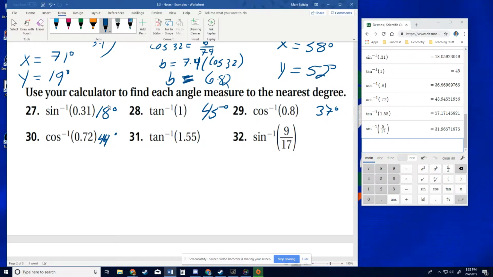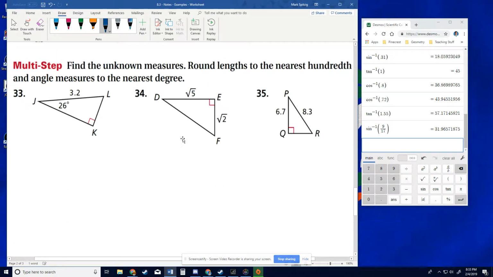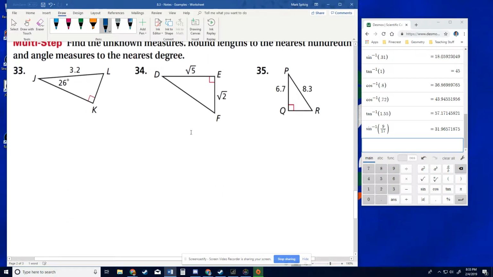And then we have 57 degrees, and then 32 degrees. Okay, not so bad. Those are just plugging in. We might as well just keep on going. I'll set up all the equations first, then I'll do all the calculations for all of these.